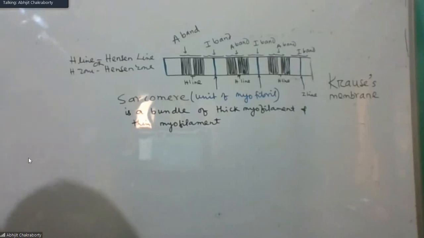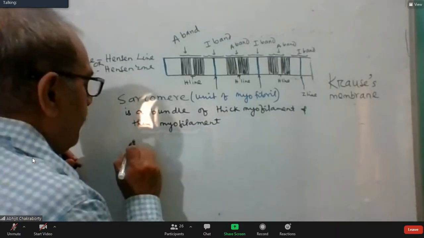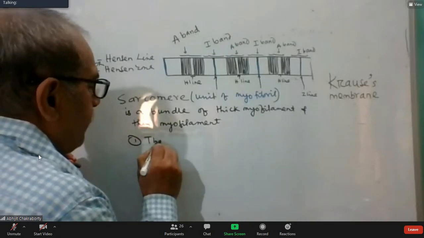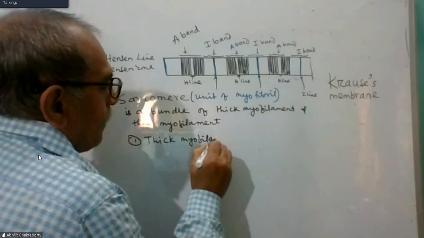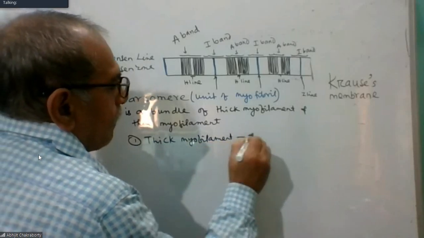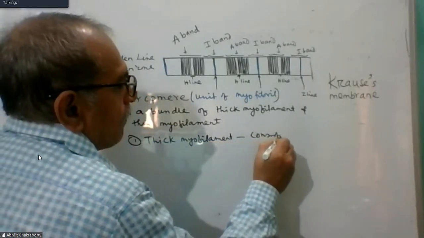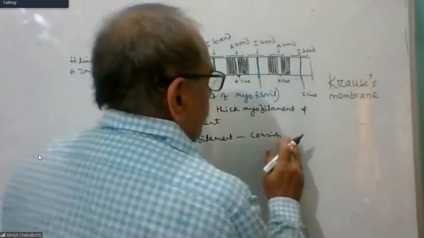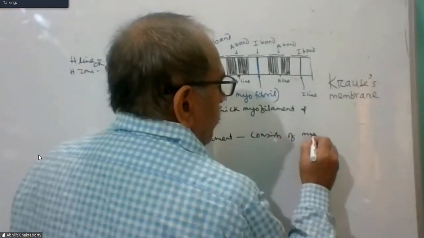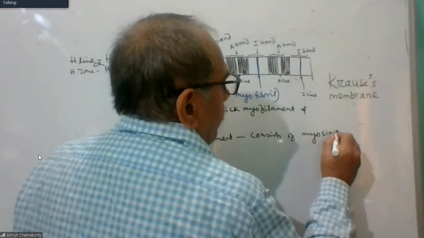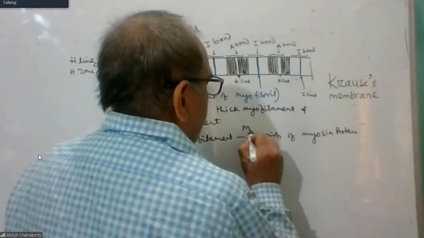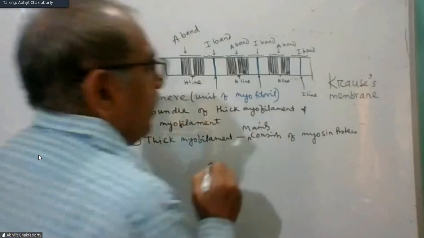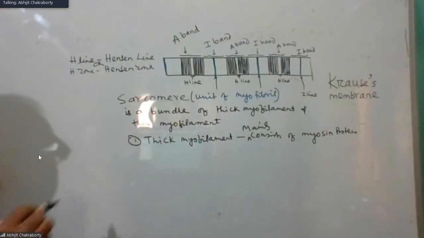So thick myofilament mainly consists of myosin protein.